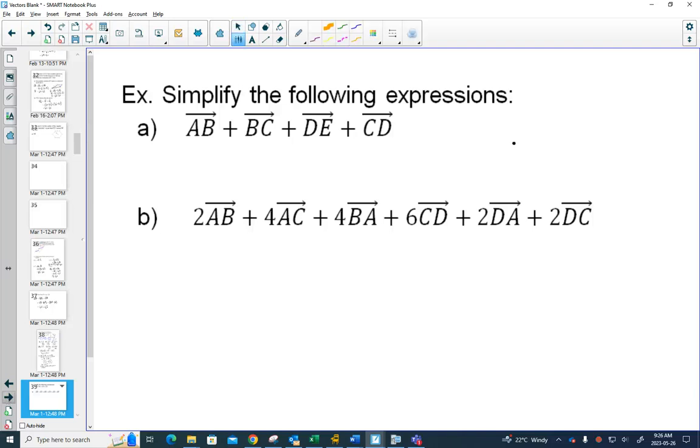We have A, B, C, D, E, and you can walk from A to B. You're allowed to walk from B to C. You're allowed to walk from D to E. And you're allowed to walk from C to D. Can you see that they all line up?